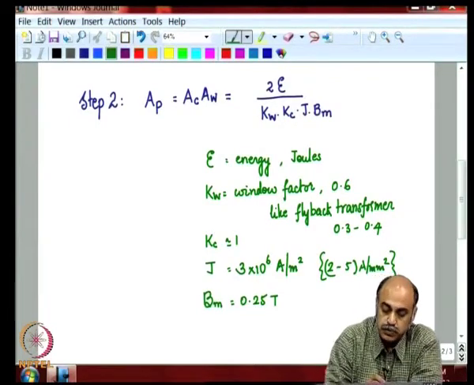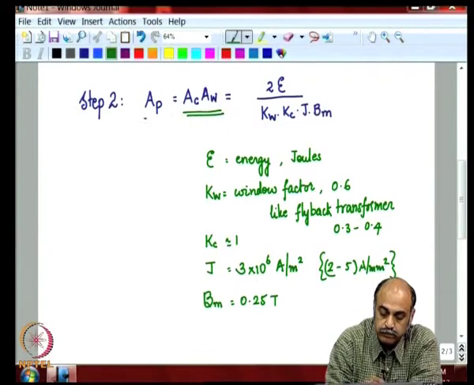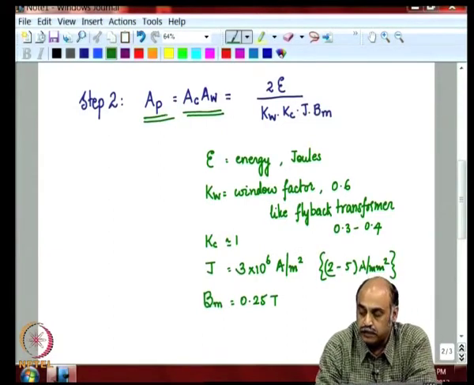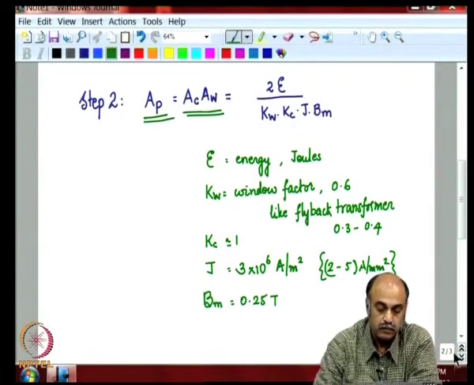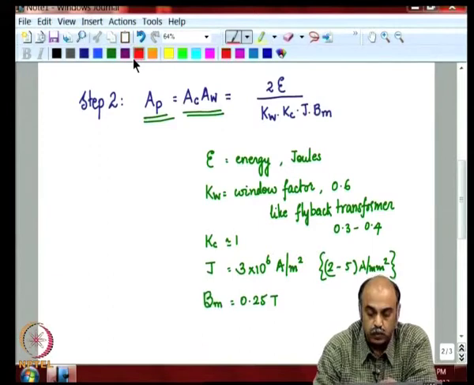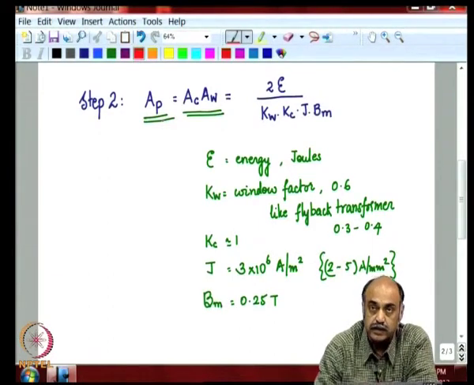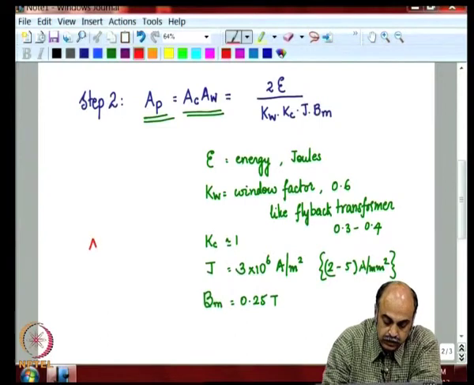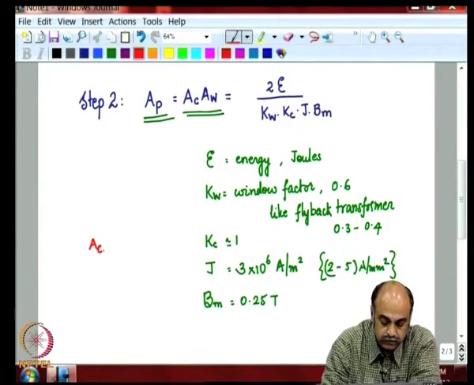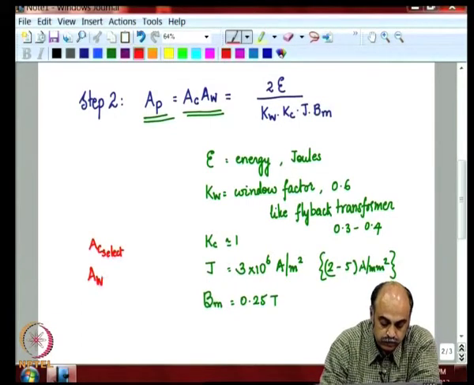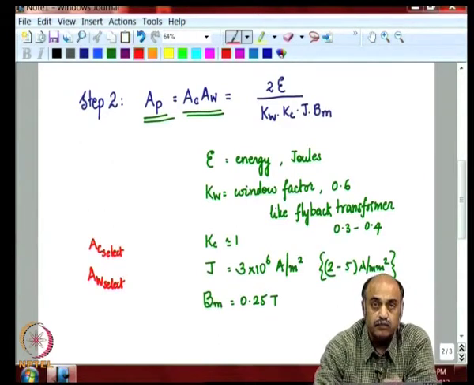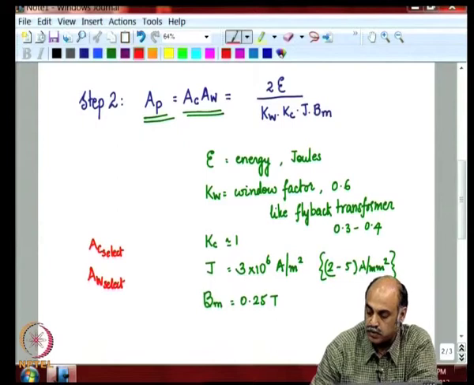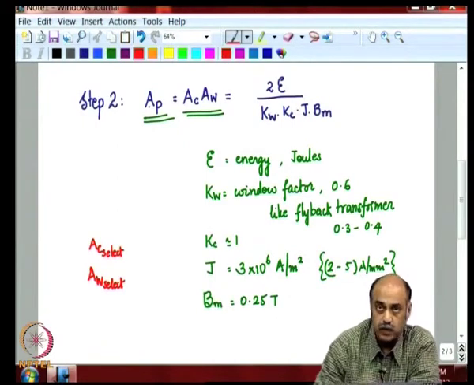This may be used to obtain the area product, and from the area product you will select a core having an area product greater than this, and you will have AC selected and AW selected, which will be slightly different from what you have calculated, because you would have chosen a core with a slightly higher value of AP.